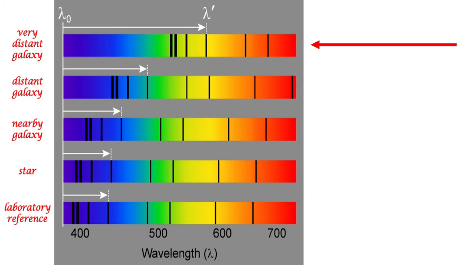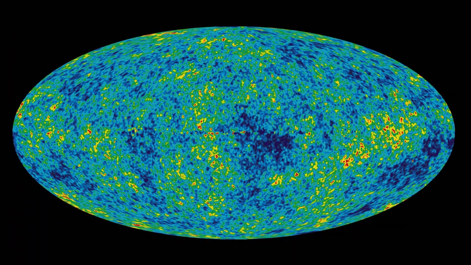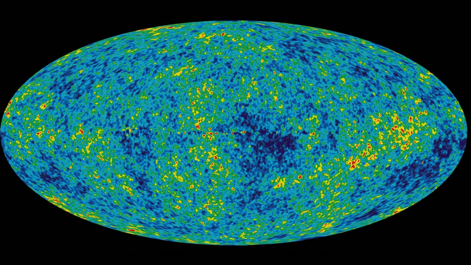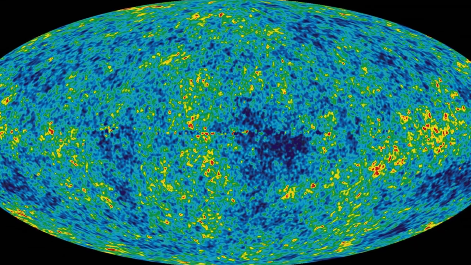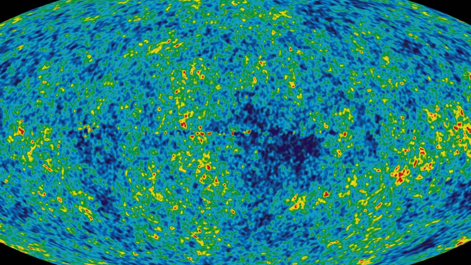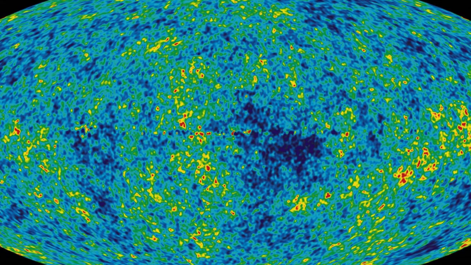And there's another important thing that redshift tells us. That is that the universe is expanding and everything is moving away from everything at the same time. Redshift supports this idea and it's widely accepted in the scientific community.